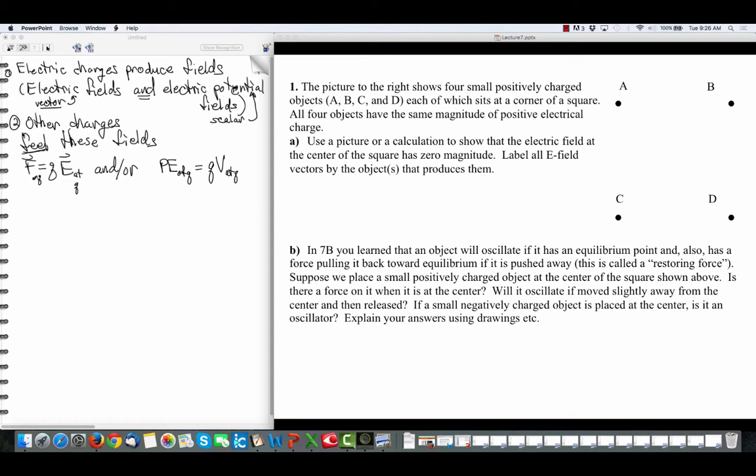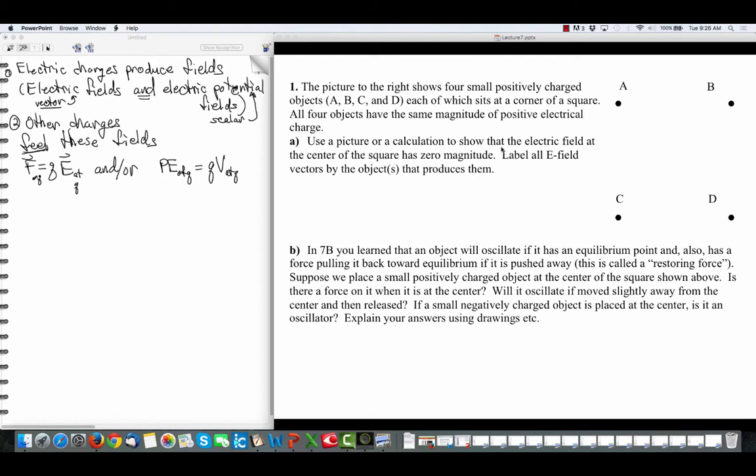The first one is, well, the problem is that there are four charges arranged on the points of the corners of a square, A, B, C, and D. All four objects have the same magnitude, positive electric charge.